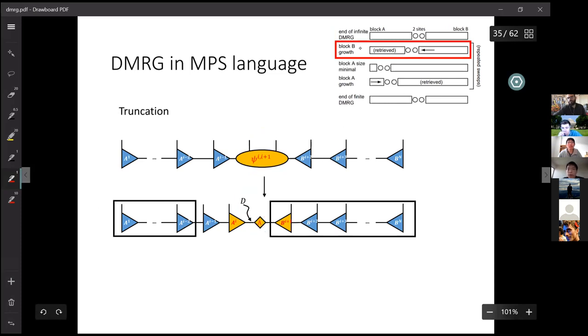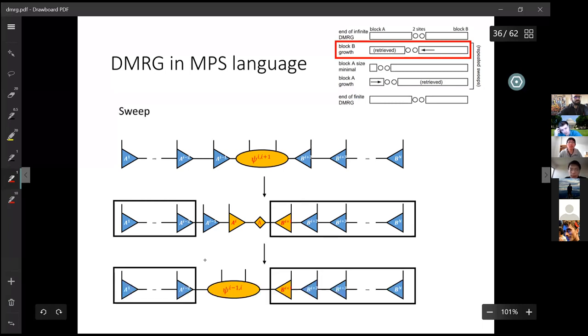Then we can grow the right block by one site, just including this yellow triangular tensor to the right. Now it's also obvious what we do for the left: we pull one triangular tensor out of the left block. Now we go to the next step of the iteration, where we ask what tensor we should put on these 2 sites. So this is just one step of the sweep.